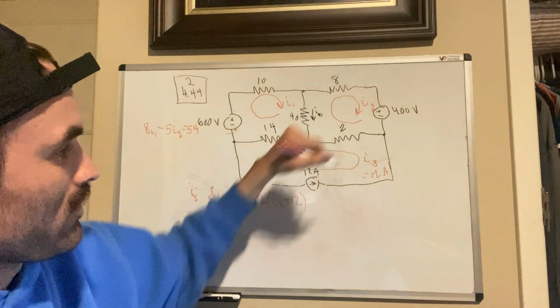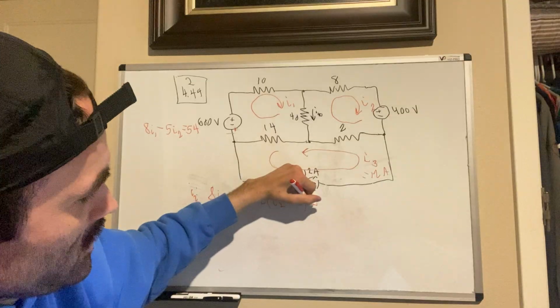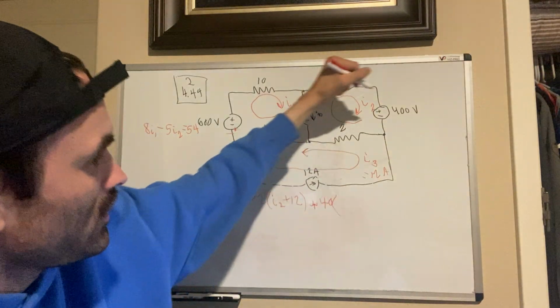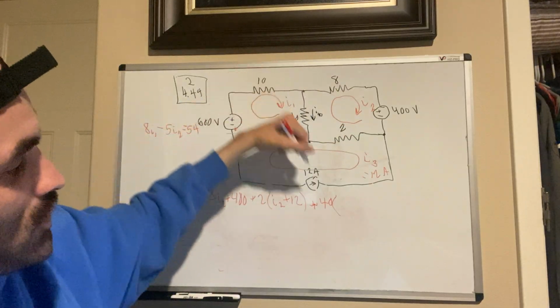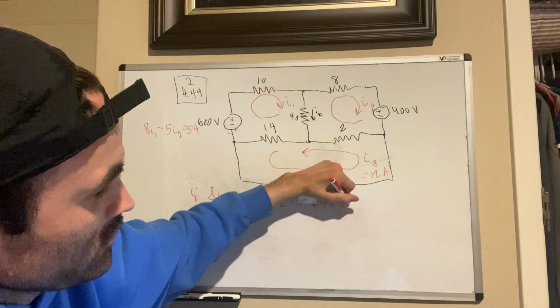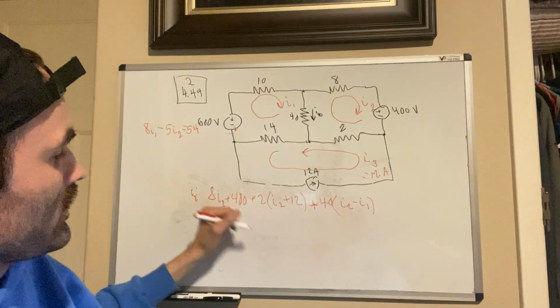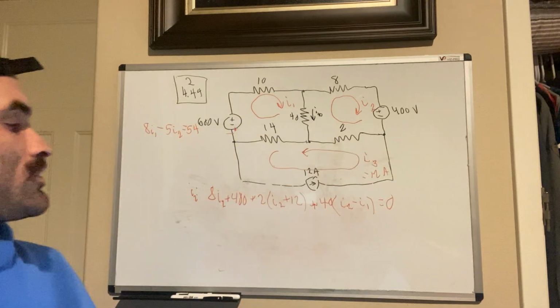They're working together there. And then we have plus 40 times I2, now is the positive one, and I1 is working against it. So we have I2 minus I1. And we already did 8. Okay, so all of that sums to 0 volts.